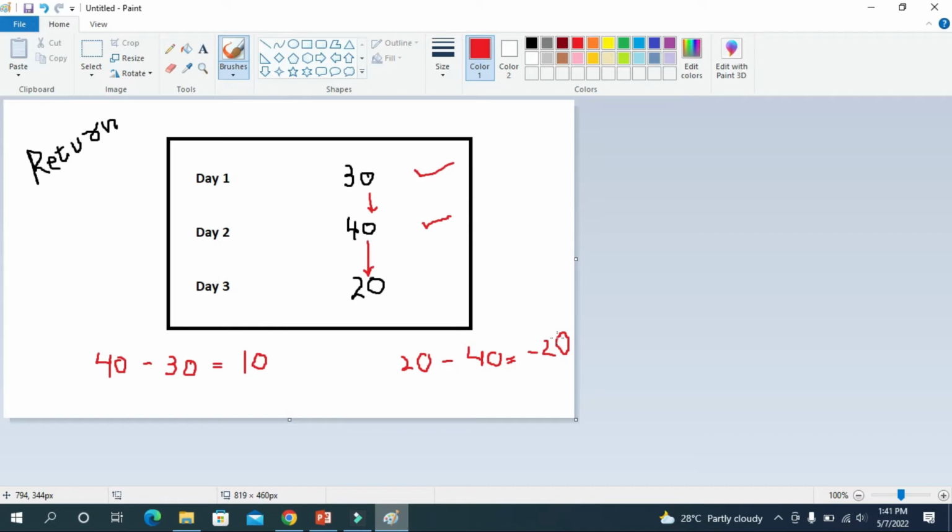But the topic we are going to discuss today is not the simple return. Today I am going to explain the hidden concept behind log return.